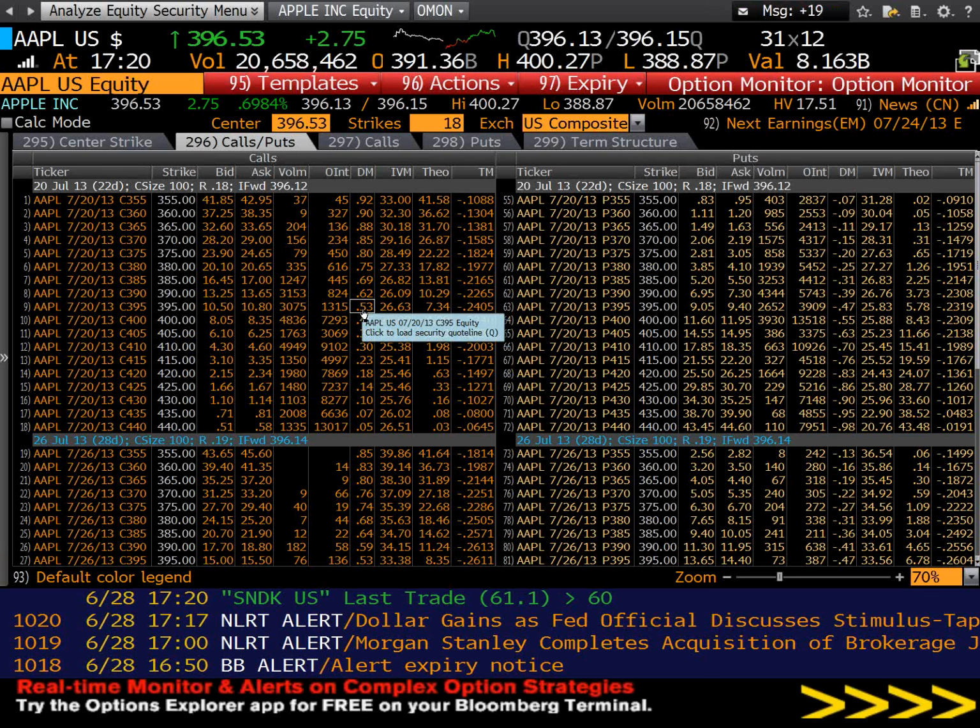Your delta, the delta that you have estimated would be, let's say, 0.4. You can short 400 shares and be relatively protected against the down move in the stock relative to your long option position.